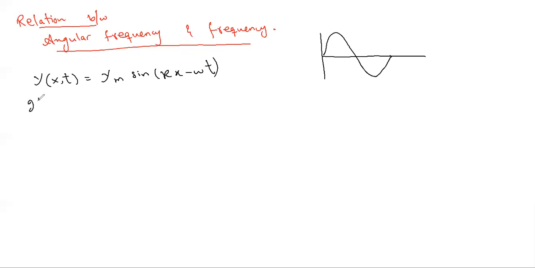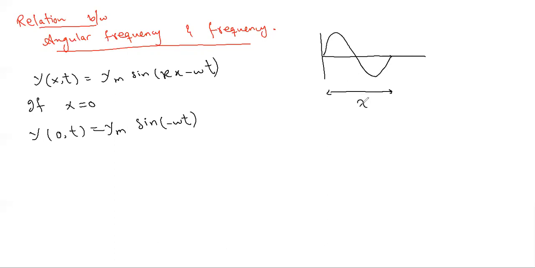Now I'm going to put x equal to 0 because I have to calculate time. So this is my other condition. Now this will be y(0, t) equals y_m sine of minus omega t.